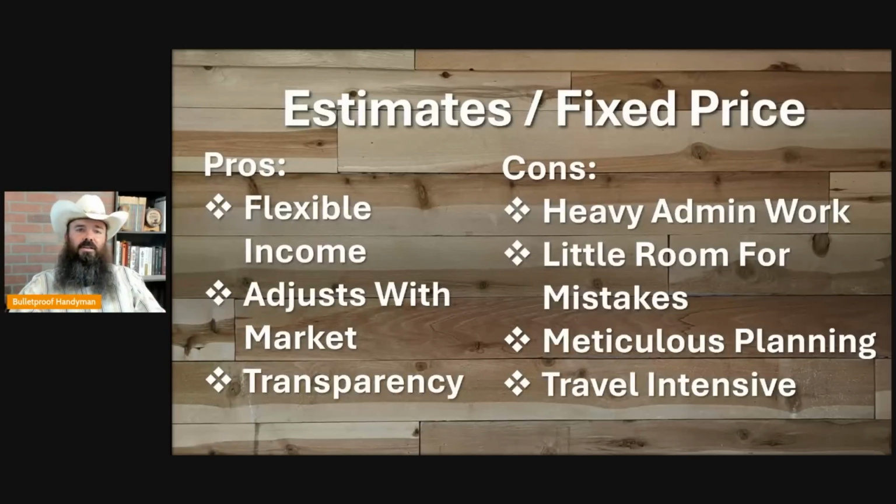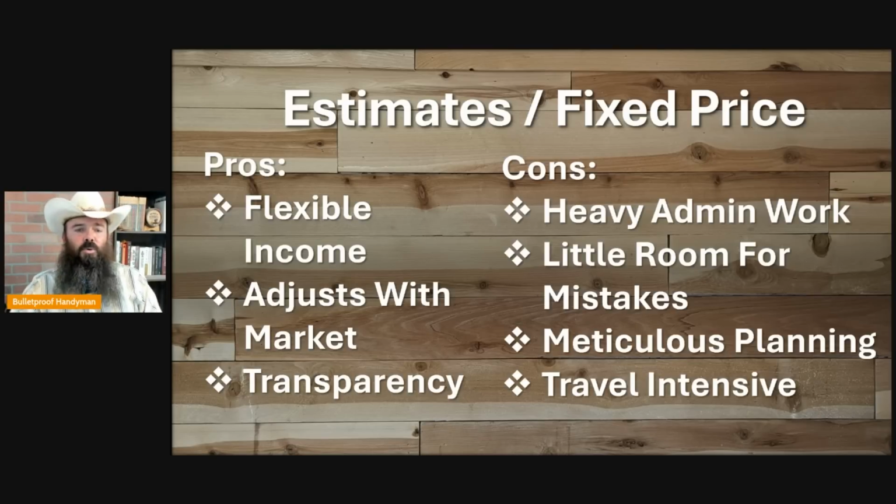But this way is really nice because, number one, flexible income, because you're getting it approved in advance. If you have too much work, then you can give a higher price, thus sort of incentivizing them to say no if you don't want to be working so much because you're already inundated with work. Or on the other hand, if you really want more work and you want to incentivize them to say yes, you can give them a lower price.